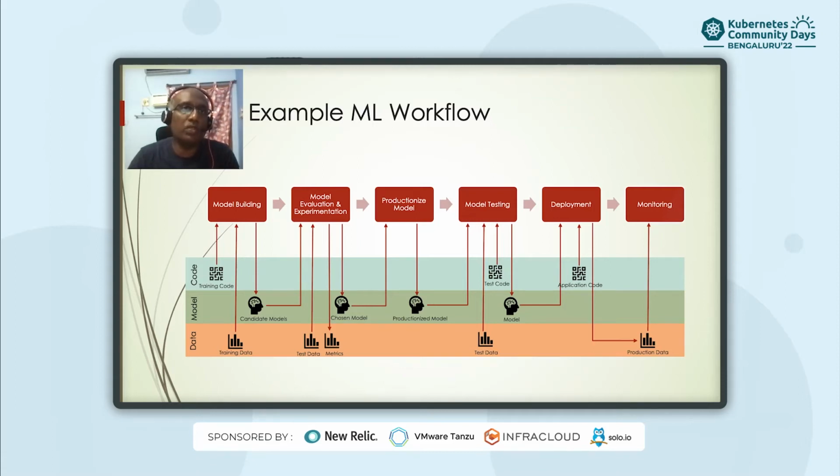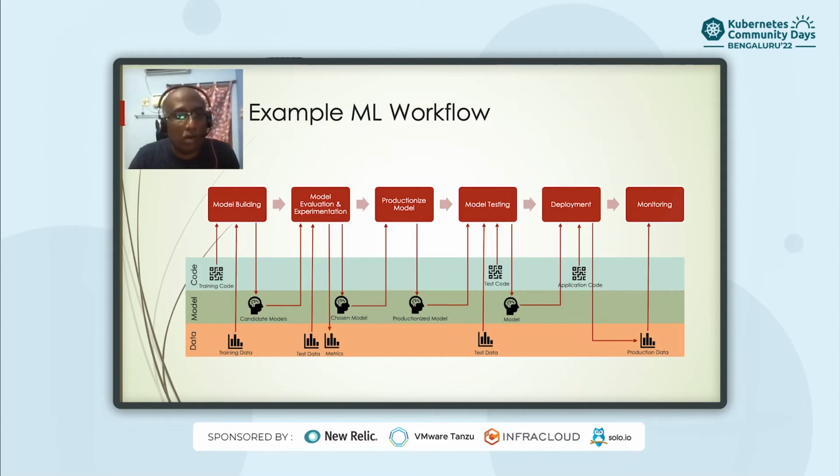Okay, so using test data, you evaluate the model and then you get into an iterative loop of experimentation so that you come up with a chosen model. Okay, so it is a highly iterative process in nature. So you come up with a chosen model which fulfills your acceptance criteria, which fulfills your metrics criteria, right?